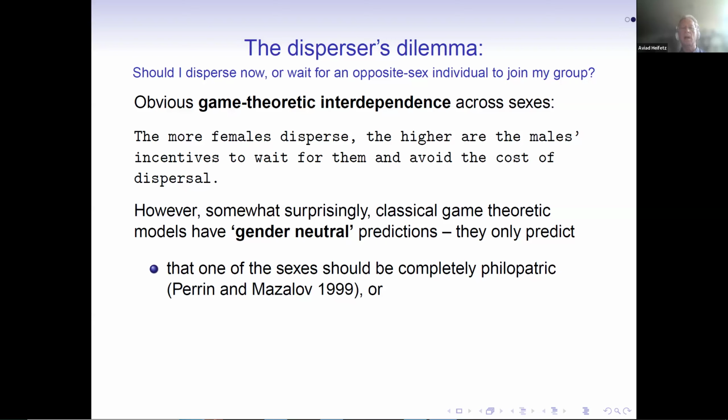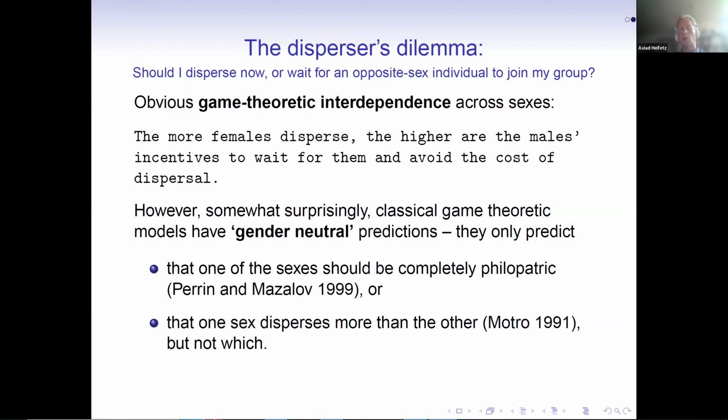So there are either theoretical models that say one sex would be completely philopatric and only the other one would disperse, without saying whether these are the males or the females who are dispersing. Or there are also models where each sex disperses with some proclivity, but again, without saying which of them.